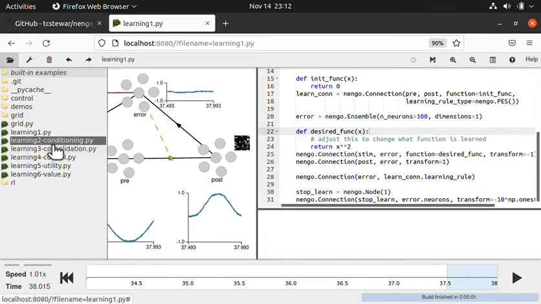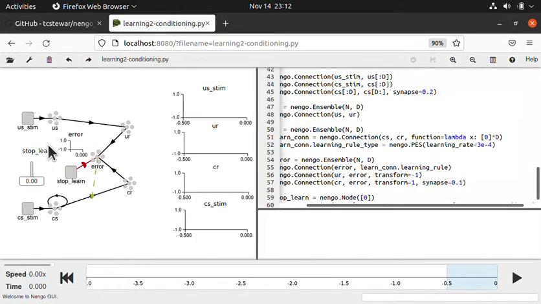Well, let's open this up with conditioning. Okay, what are we doing here? The first thing that we have is this unconditioned stimulus. We have this thing that's already built in, which is when I give you food, you start drooling.